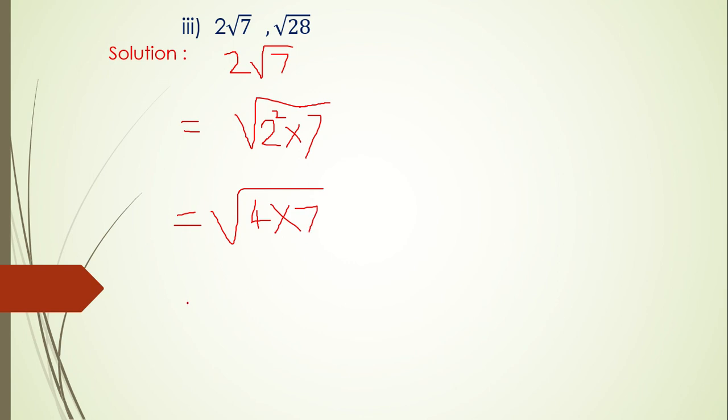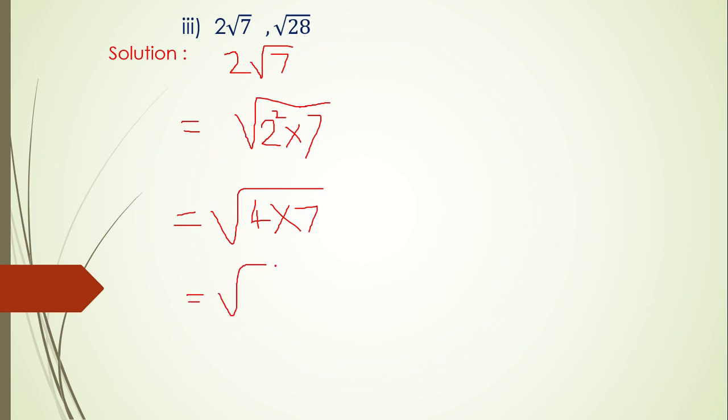2 root 7. Just now I told you it is a mixed surd. So you have to convert it to pure surd. Take that 2 inside. So when we take the 2 inside, you have to square it, into that 7 will remain as it is. 2 was outside the radical sign. I am taking the 2 inside it. So it has to be squared. When you are taking some number out, it has to be a perfect square and we take its square root, right? So when you are taking it inside, the opposite operation should be done. Squaring, right? So now that will be root 4 into 7. 7 4s are 28, right?